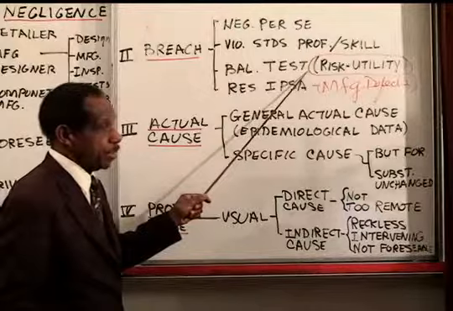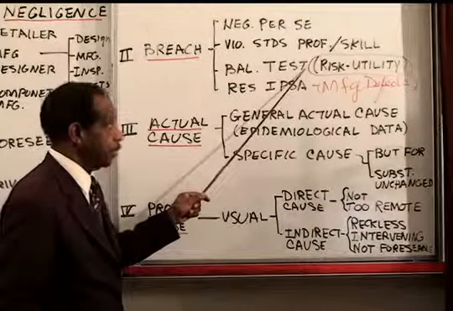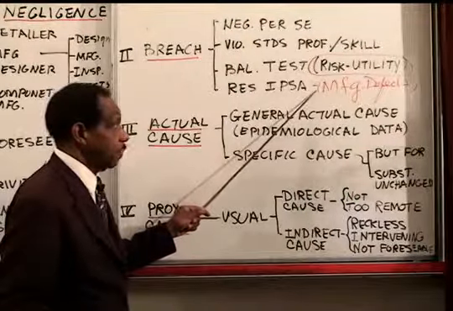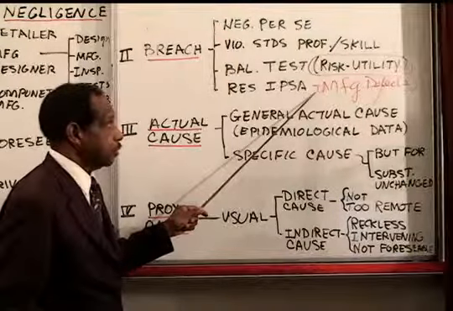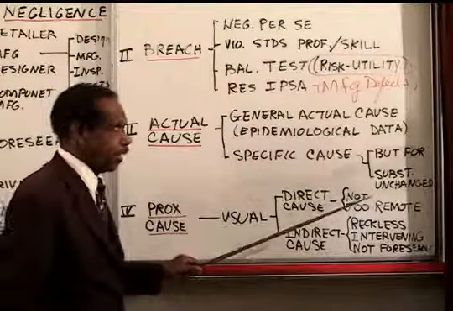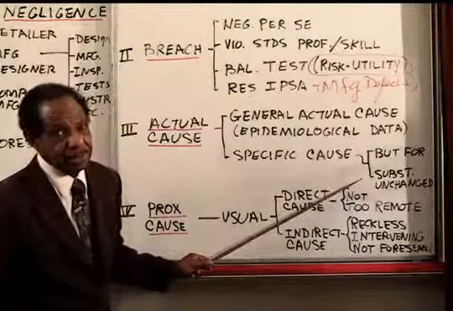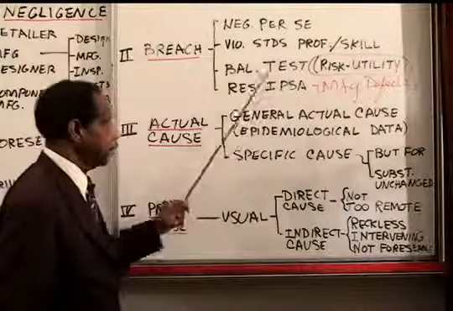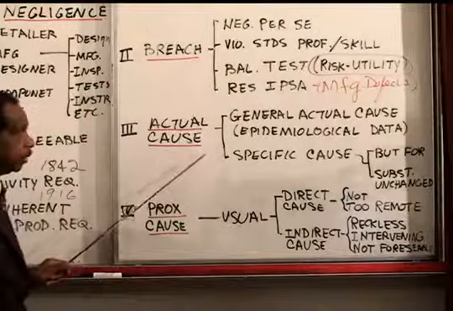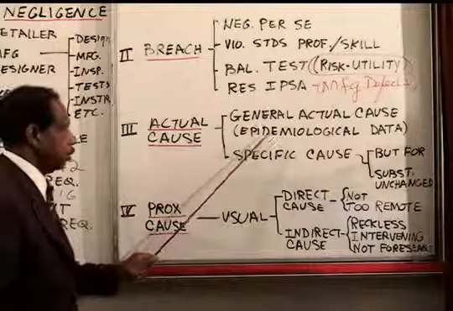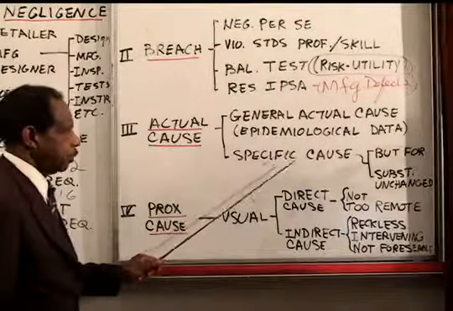And if there is a design defect, there's going to be strict liability for that. When you're looking at manufacturing defects, it's most convenient to use res ipsa for that. And again, if you find res ipsa, it's going to end up being a defective product, and strict liability will apply.